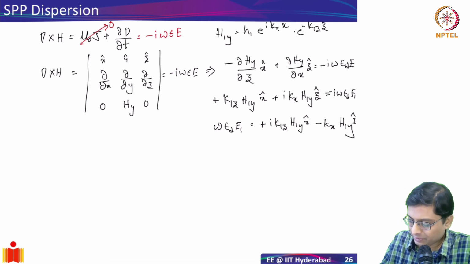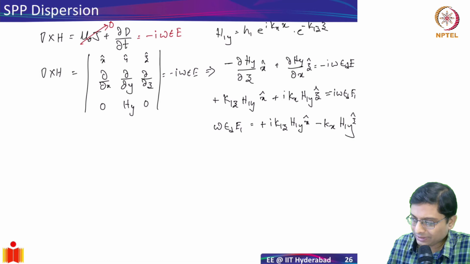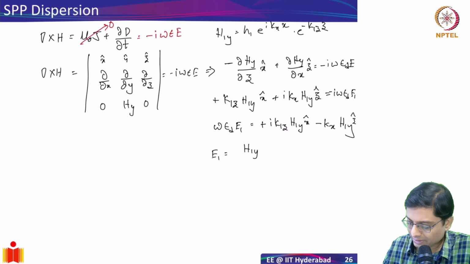Minus kx h1y. All right. So basically what it tells us is my E1 is going to be h1y, I'll take out common, divided by epsilon d omega into ik1z x cap minus kx z cap.